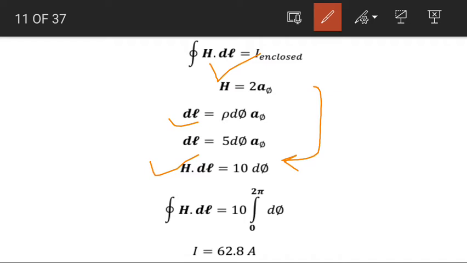So we integrate h dot dl, and the integration of h dot dl will give you the current inside this closed circular path, and that will be the current in the conductor. So we put the value of h dot dl in this integration. So we have 10, and then we have the integration of d phi, and you see that phi along this circular path of 5 meter radius is changing from 0 to 2 pi.